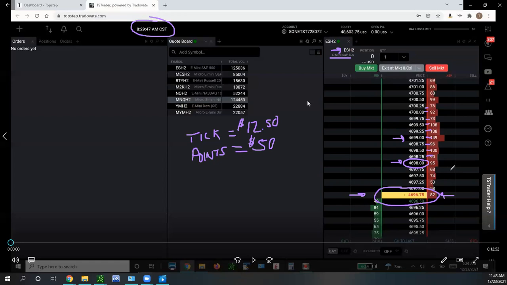So just for simplicity's sake, understand you can buy or sell these ES contracts. And for every tick that they move, you are either going to make or lose $12.50. And for every point that it moves, depending on which direction you are in, you are going to make or lose $50.